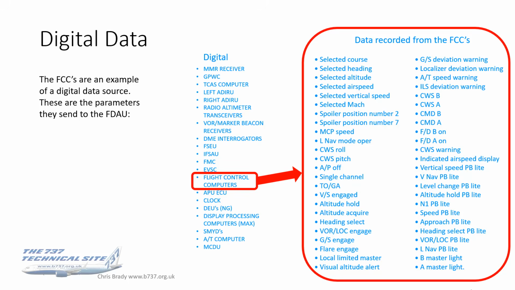So it's stuff like all the mode control panel selections, all the autopilot modes, any warnings that may appear, any push button selections. Huge amount of data, and that's just from one of these digital sources. So you're hopefully starting to get an idea for the vast number of parameters that are collected.